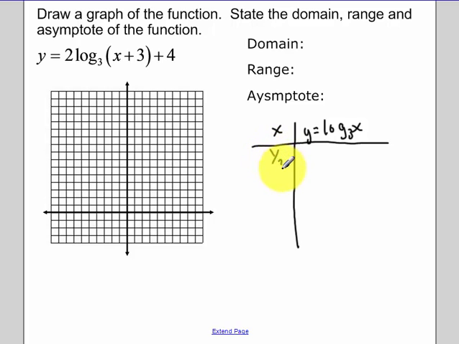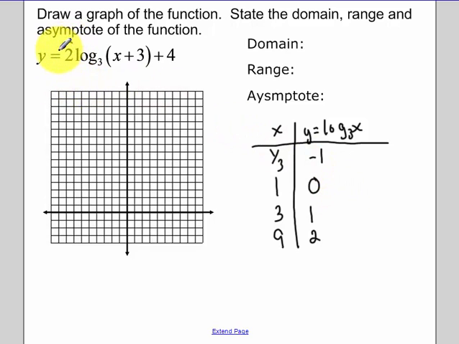So 1/3 is 3 to the negative 1. 1 is 3 to the 0 power. 3 is 3 to the first power. 9 is 3 squared. So if I'm looking at powers of those, then you are set up in a good spot. Okay, so these are the points we're going to translate.